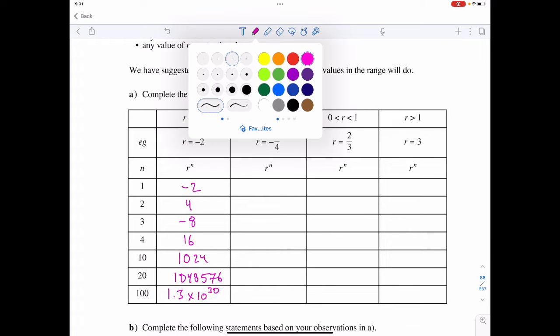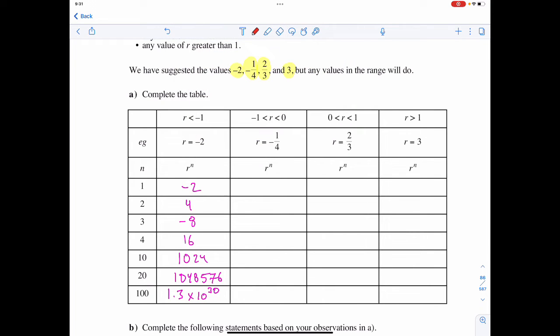If I pick a number between -1 and 0, in this case -1/4, then -1/4 to the power of 1 is just the original number. To the power of 2 is 1/16. To the power of 3 is -1/64. To the power of 4 is going to be 1/256.